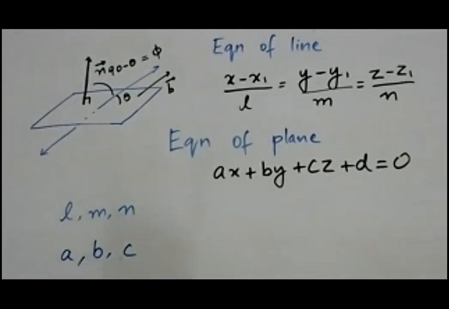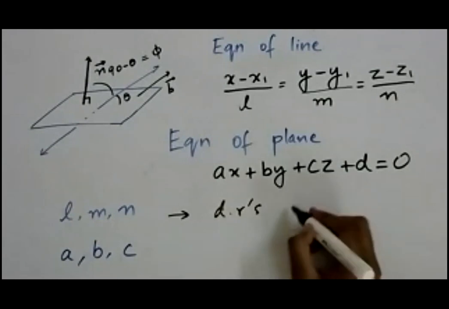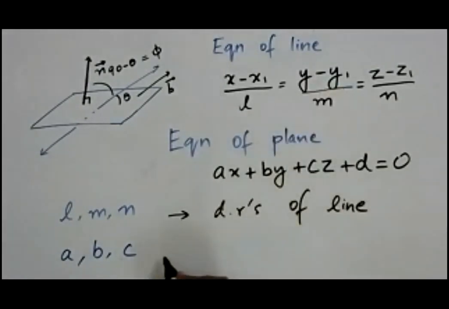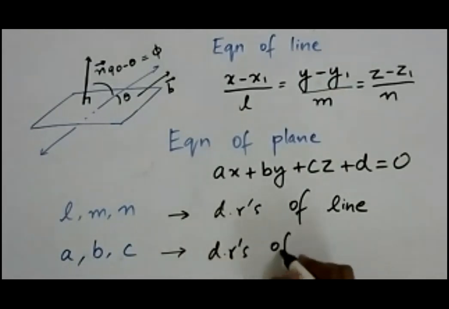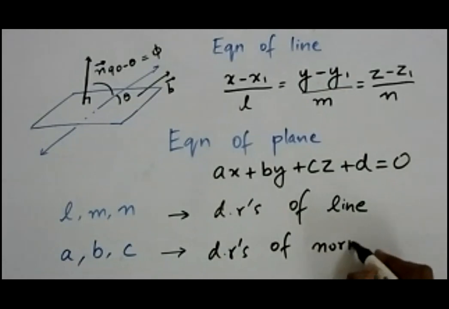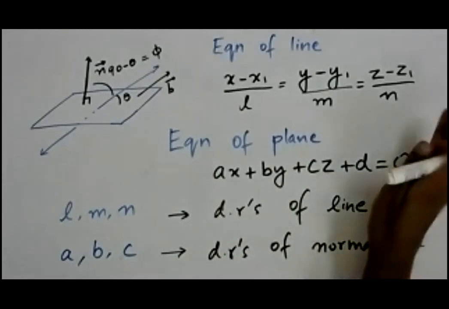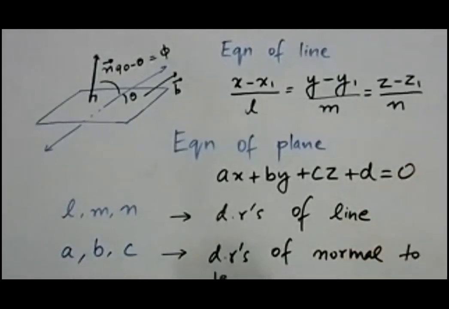Here l, m and n are direction ratios of the line, and a, b, c are direction ratios of the normal to the plane.